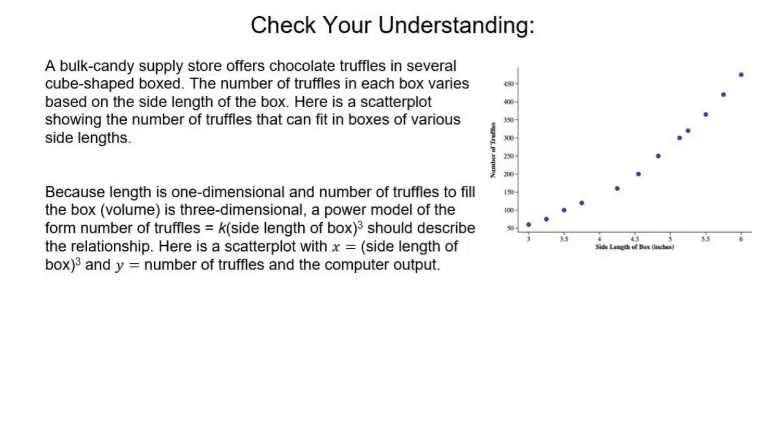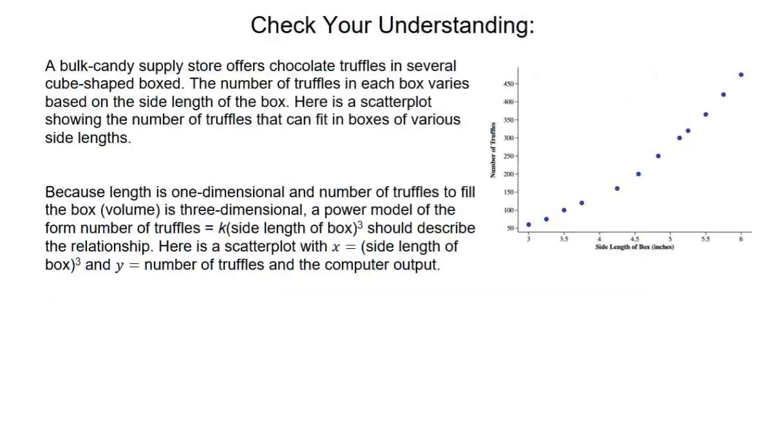Because length is one-dimensional and number of truffles to fill the box, volume, is three-dimensional, a power model of the form number of truffles equals k times side length of box cubed should describe the relationship. Here's a scatter plot with x equals side length of box cubed and y equals number of truffles, and then the computer output is down below.